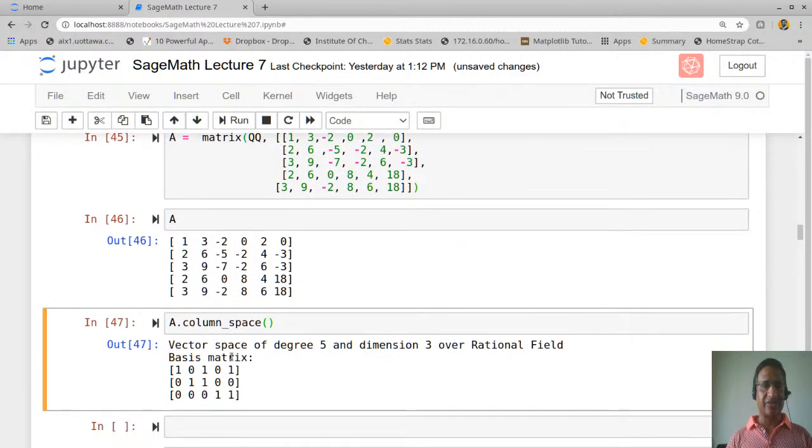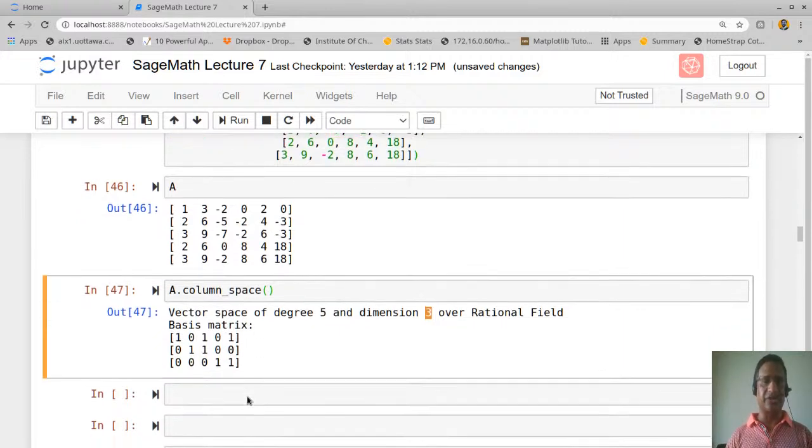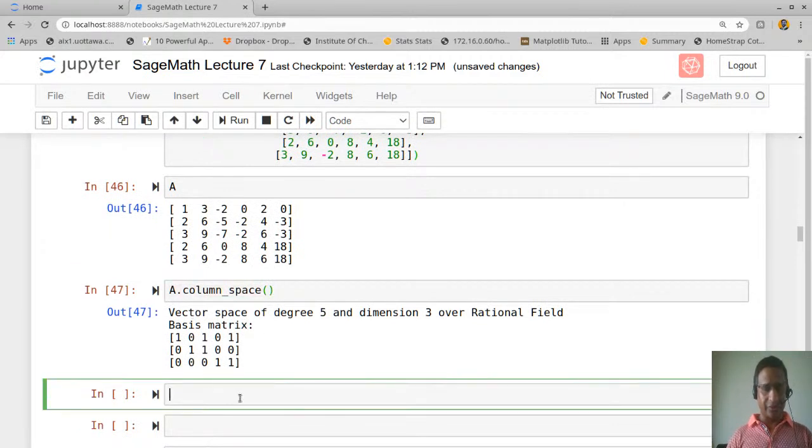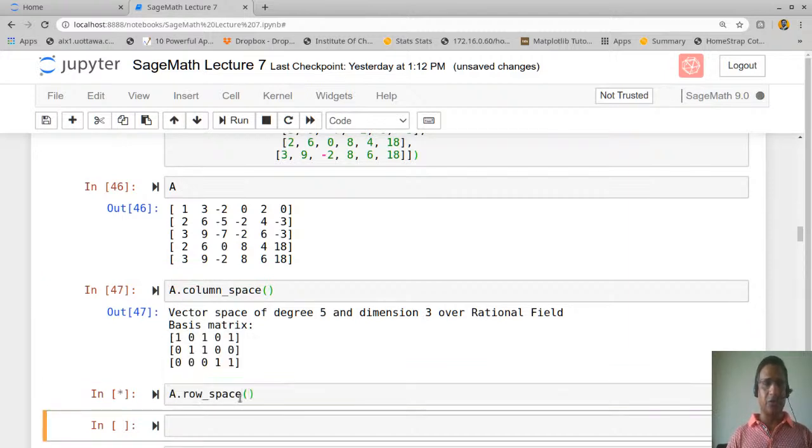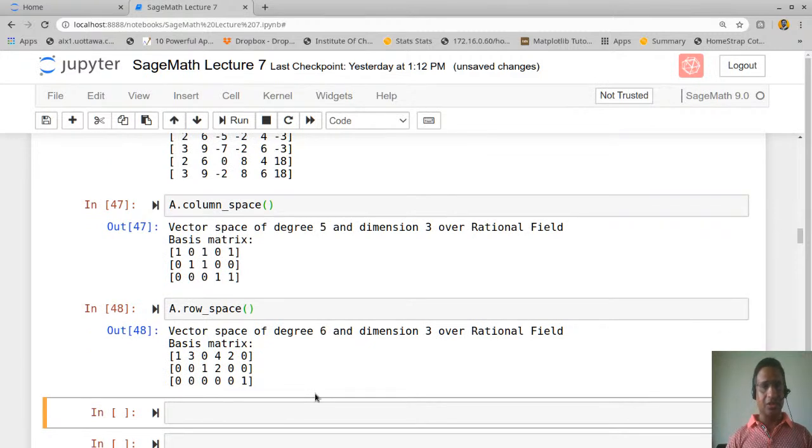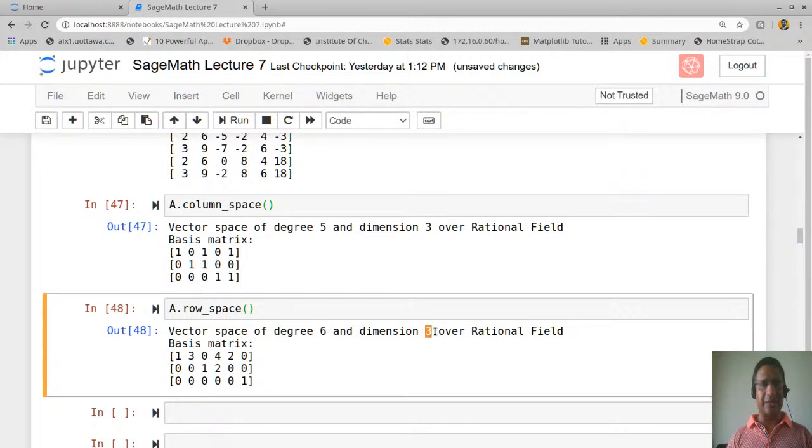The column space is a subspace of dimension 3, so these 3 rows form a basis of this column space, right? This column space is nothing but the image space. Then you can simply find A dot row space. Again this is of dimension 3.